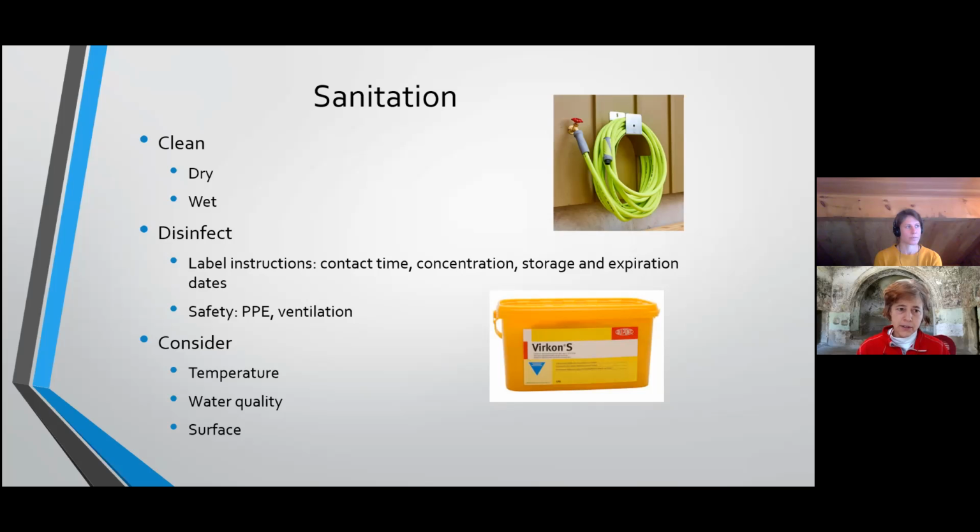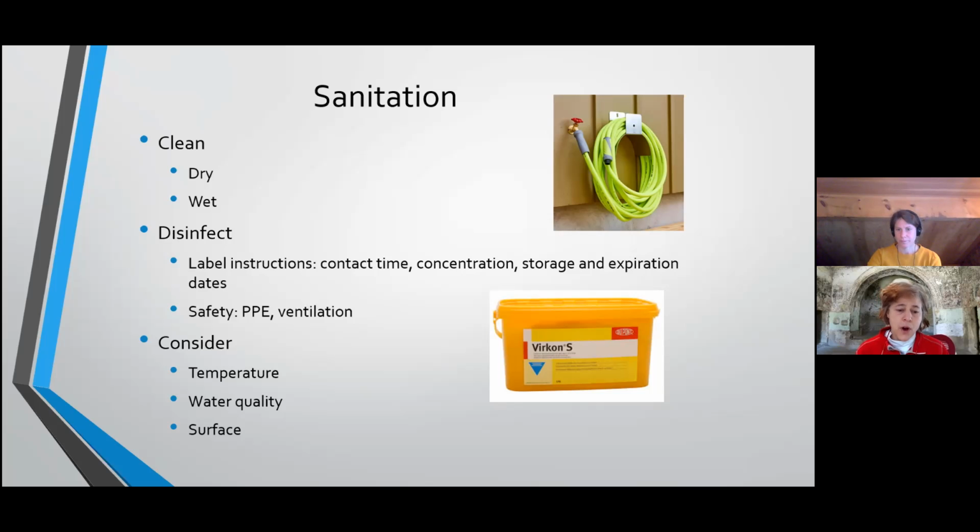Organic material is anything with carbon, hydrogen, and oxygen, which is manure, bedding, plant materials, even animal materials like placenta. So clean all that out. That's the dry part. The wet part is wash it down with soap and water. You want to get rid of organic matter from the surfaces that has dried on, because this will deactivate most disinfectants. You've got to get rid of that.